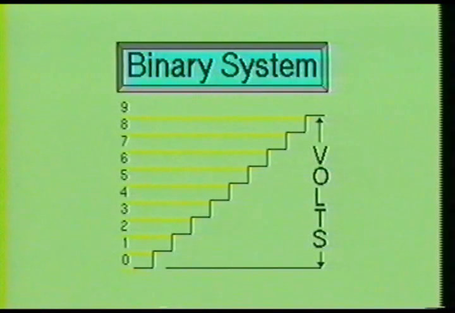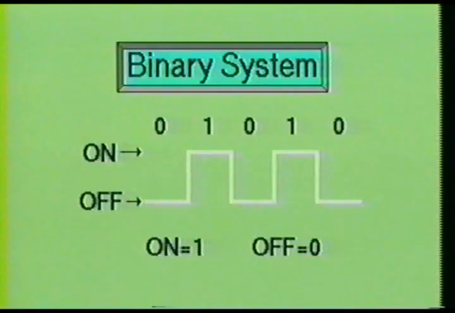In principle, we could have 10 different energy level states to represent the 10 digits used in the decimal system. However, it would require a much more complex circuitry to distinguish between these various levels. To simplify this problem, the binary system is used since it has only 2 levels of energy. It is either on or off.